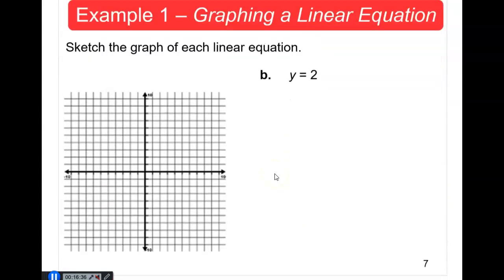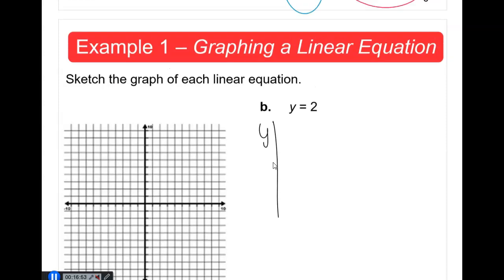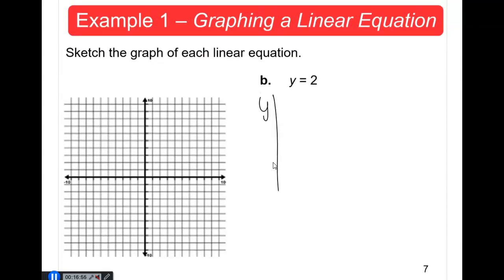Now the next one, we do not have an x. We don't have 2 variables. We only have 1 variable. So if I make a table of values, I don't want you to confuse yourself.